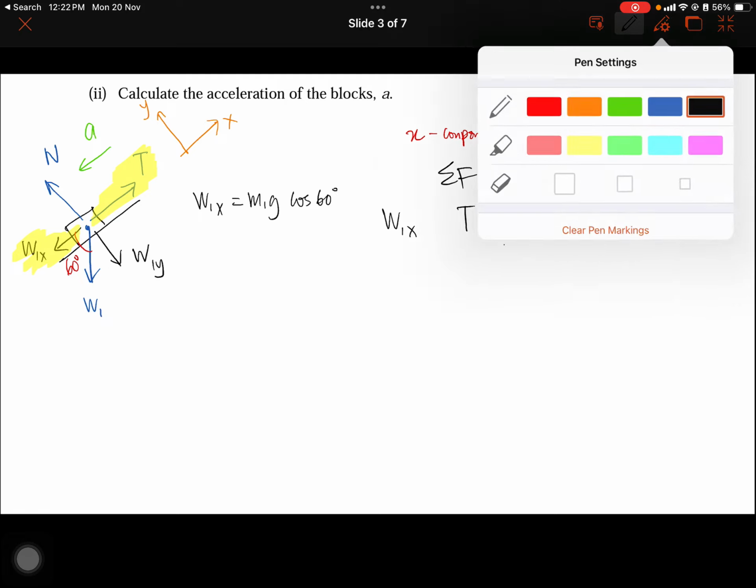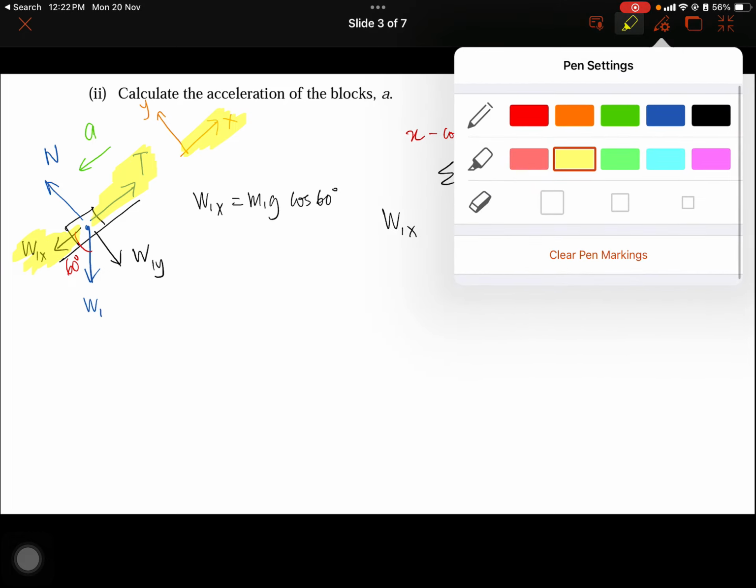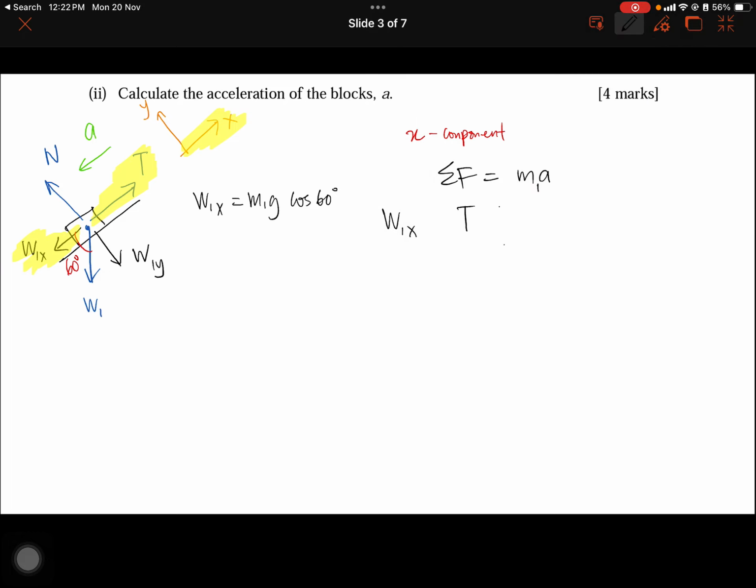For the tension, it will be positive because it is directed in the same direction as the positive x direction. However, the weight one will be negative.